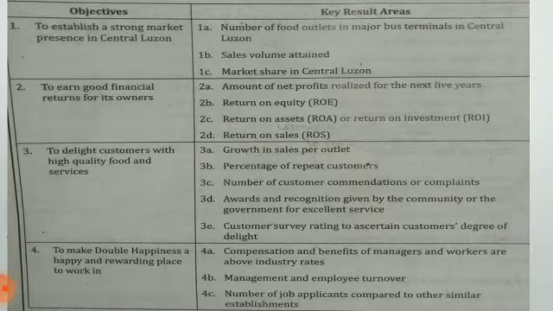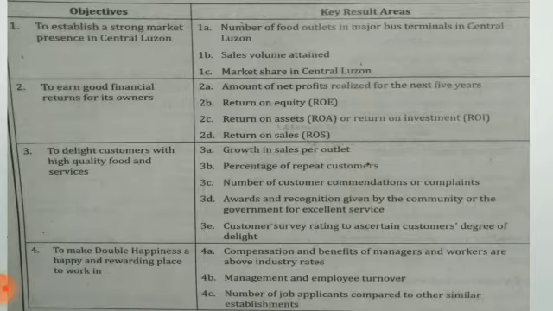So for example, to establish a strong market presence in Central Luzon. How will you be able to establish a strong market? So for example, number of food outlets in major bus terminals in Central Luzon, sales volume attained, market share in Central Luzon. Actually, I know that this is quite confusing still, but don't worry, in the next slide, everything will make sense.